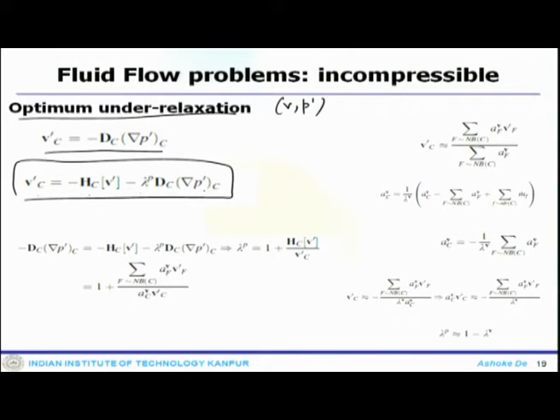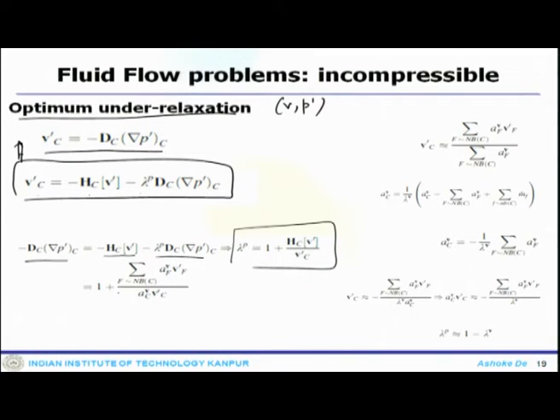So, that is how we wrote it, and now if you equate these two equations, one can write minus dc delta p prime equals minus Hc V prime minus lambda, which will provide lambda p equals this.